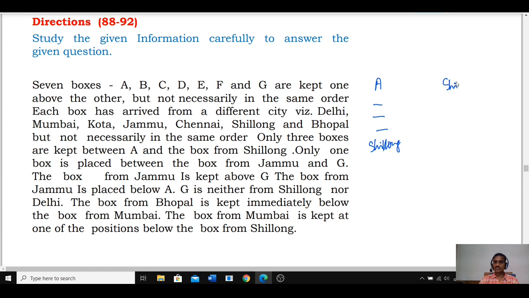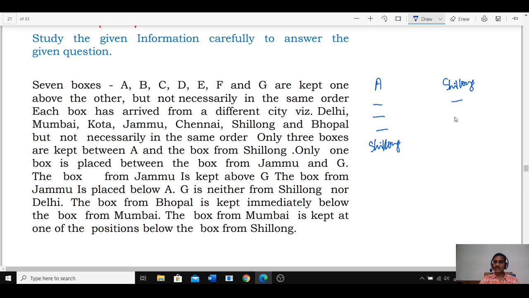Suppose Shillong is in front, Shillong and 1, 2, 3, A. Between A and Shillong, there must be exactly 3 boxes. And next one, only 1 box is placed between Jammu and G. Jammu is kept above G. And between G and Jammu there must be one.